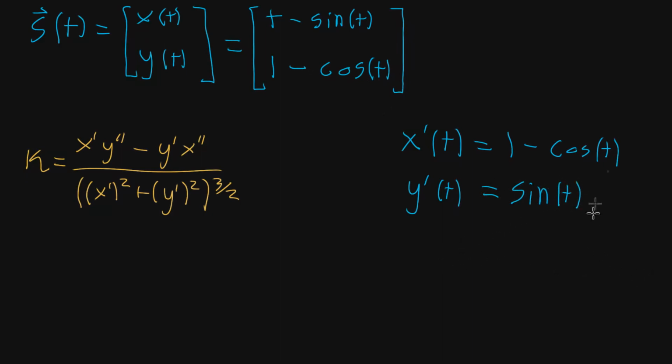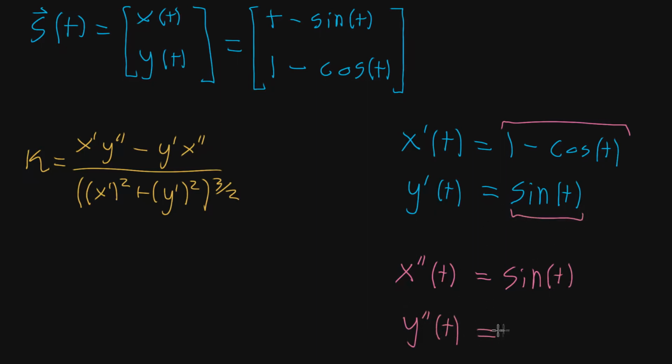And then when we take the second derivatives of those, x double prime of t, we're taking the derivative of this, which actually we just did, because by coincidence the first derivative of x is also the y component, so that also equals sine of t. And then y double prime is just the derivative of sine here, so that's just going to be cosine of t.